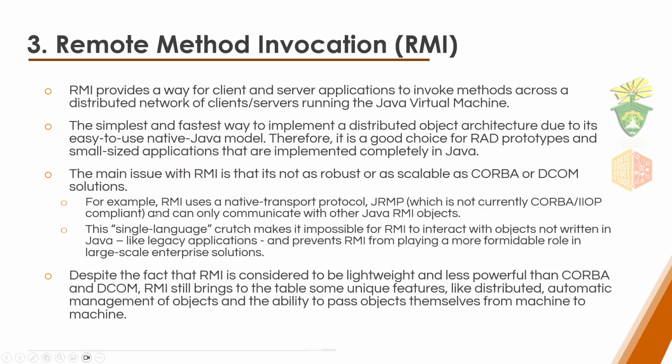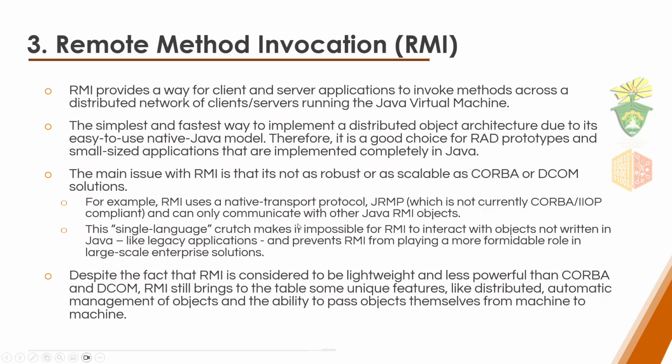But luckily, we can easily understand the idea of object distribution because there is a tool available like Java. This single-language constraint makes it impossible for RMI to interact with objects not written in Java, like legacy applications, which prevents RMI from playing a more formidable role in large-scale enterprise solutions.